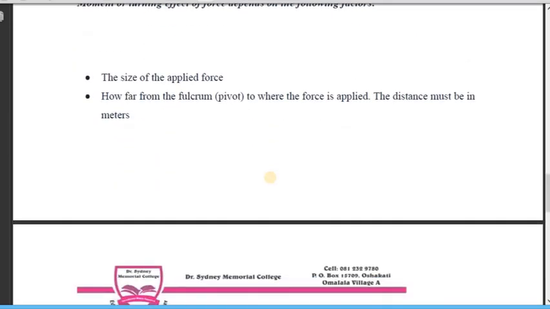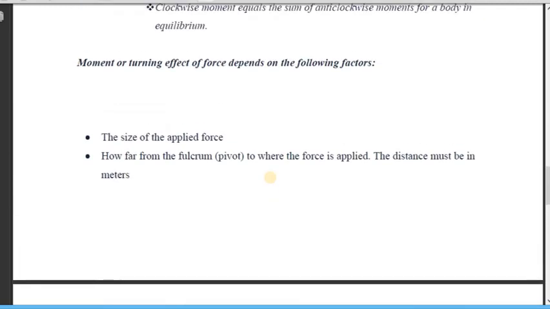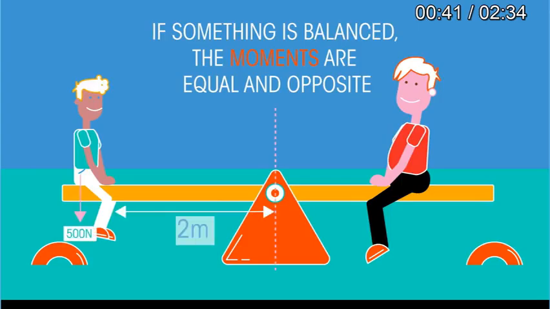Then what is also important is how you calculate the moment of the turning effect, which depends on the size of the applied force, as we saw here, right? If we look at the boy here, this is the applied force. The size of the moment depends on the size of the applied force, in this case 500 newtons, and the distance from the pivot.